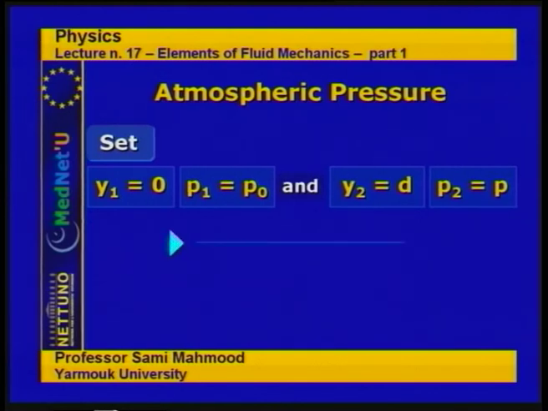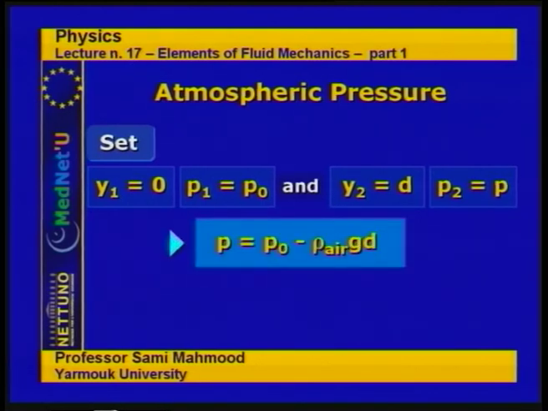Then we substitute these quantities in the previously developed equation, and we get P, which is P2, equal to P1, which is P naught in this case, plus rho times g times y1, which is 0 at sea level, minus y2, and y2 is equal to d, so that gives you minus d. So the result is P equals P naught minus rho of the fluid times g times d.